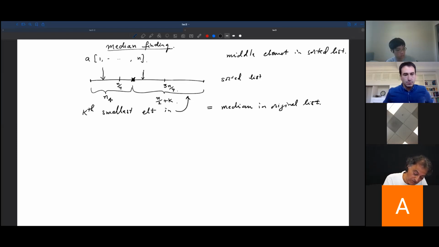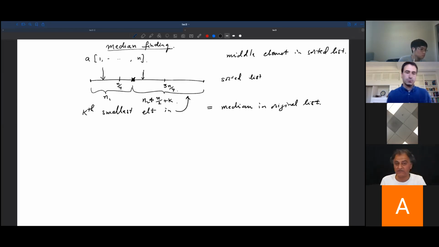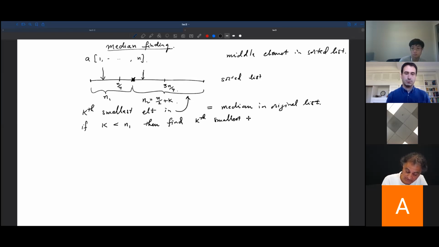So we have n1 and n2, right? So these lists are of size n1 and n2. If k is smaller than n1, then find the kth smallest in this list.